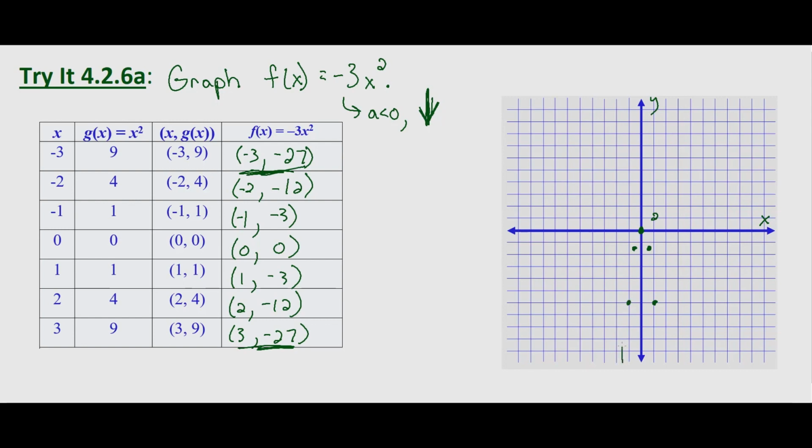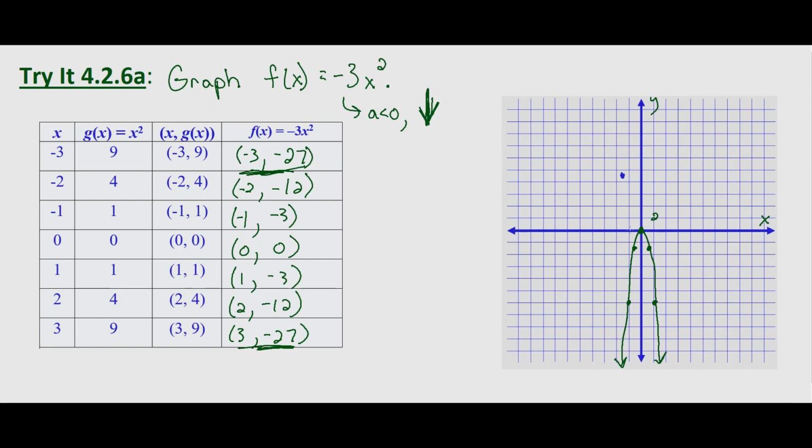Now, if we compared this to the graph of our parent function, well, let's look at that on this same set of axes, just for comparison purposes. Negative 3, 9. So negative 3, 2, 4, 6, 8, 9.